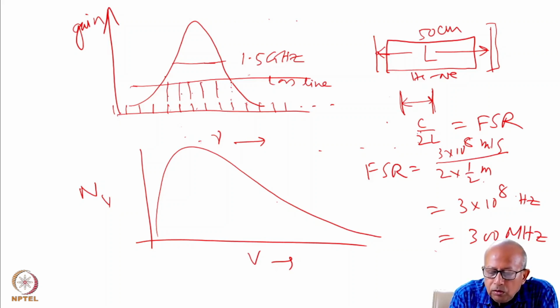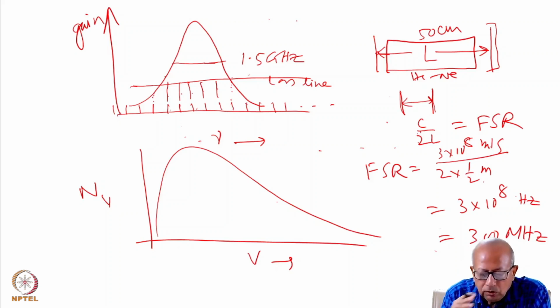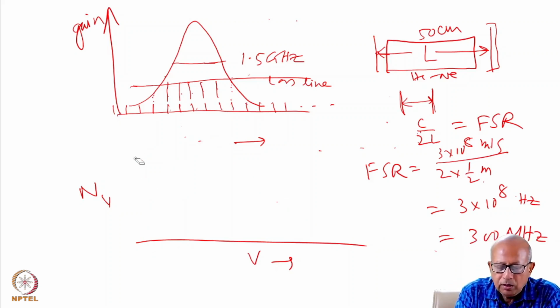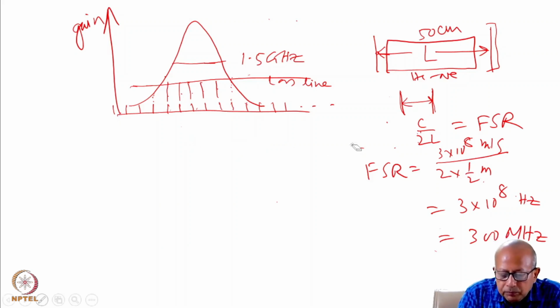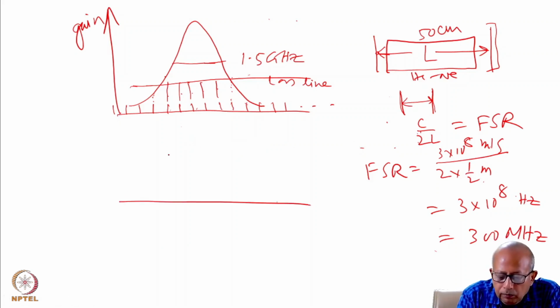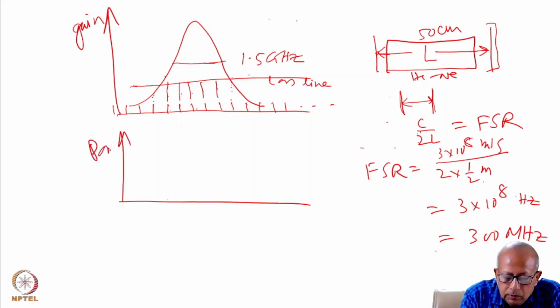This mode does not have any gain because its loss is more than the gain, and so is this mode. It is gain and this is the loss. So the emission of the laser would look somewhat like this. This is the power and this is frequency.